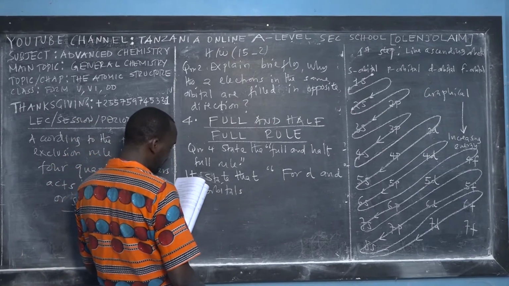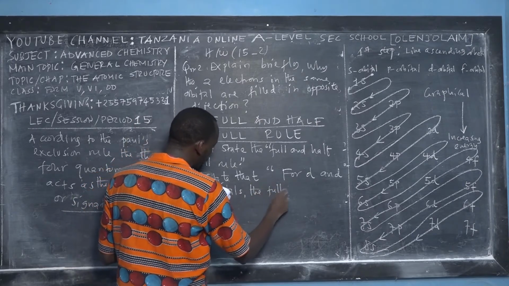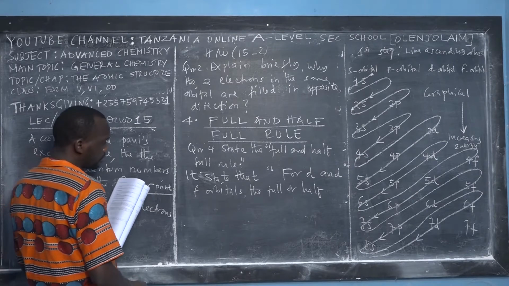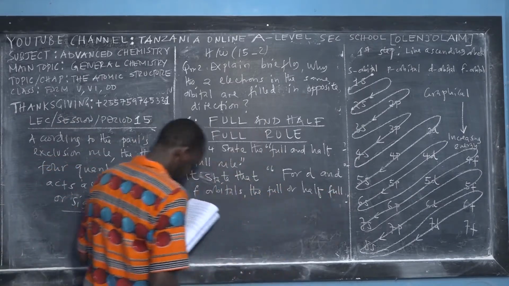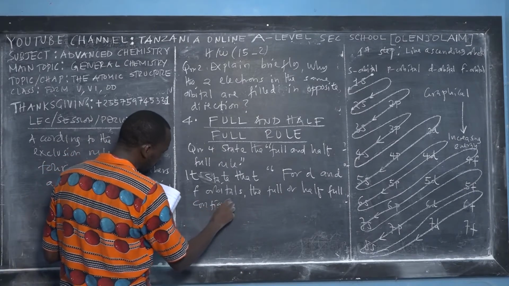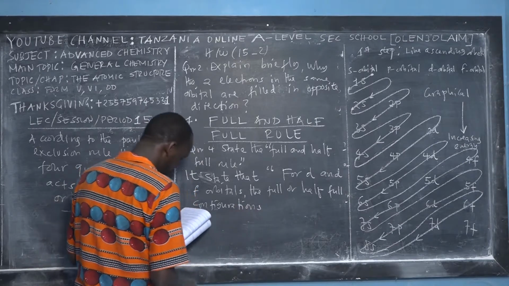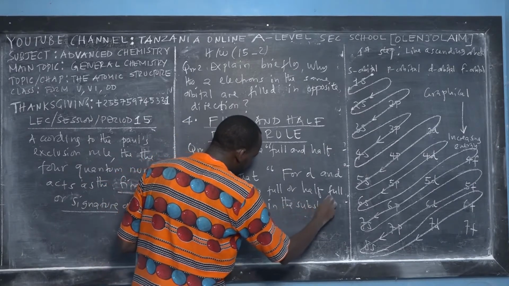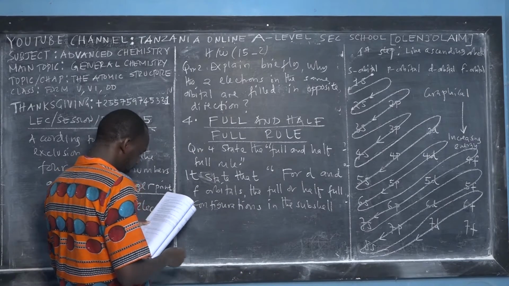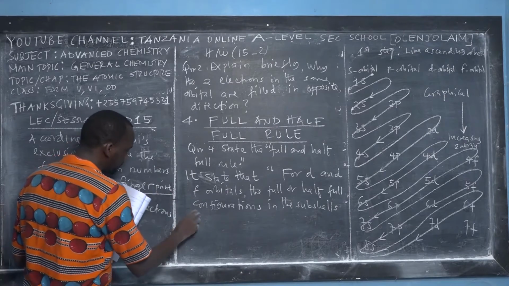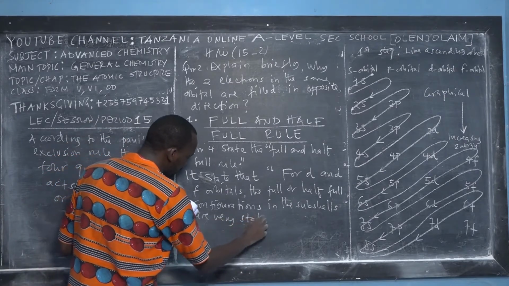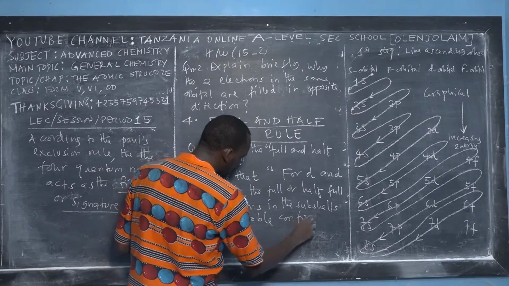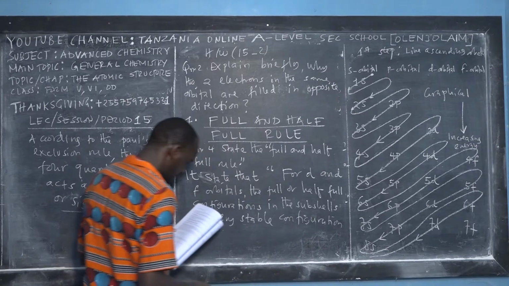For orbitals, the full or half full configurations in the subshell are very stable, a very stable configuration with minimum energy.